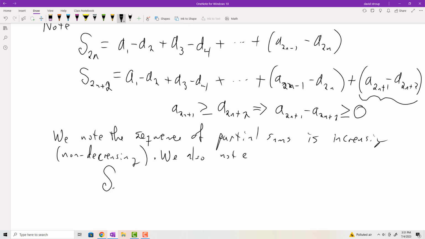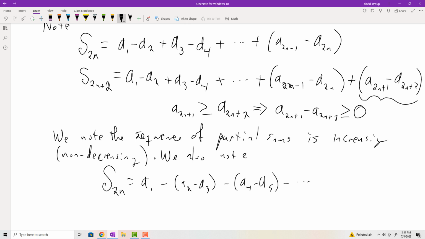this s sub 2n thing. If you were to rewrite it in a more suggestive way, so let's rewrite it as a sub 1 minus a sub 2 minus a sub 3 minus a sub 4 minus a sub 5 minus blah, blah, blah, whatever that is.